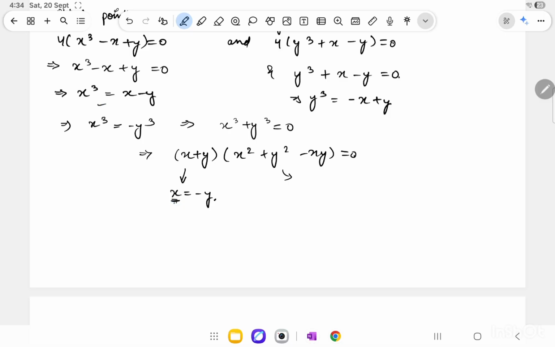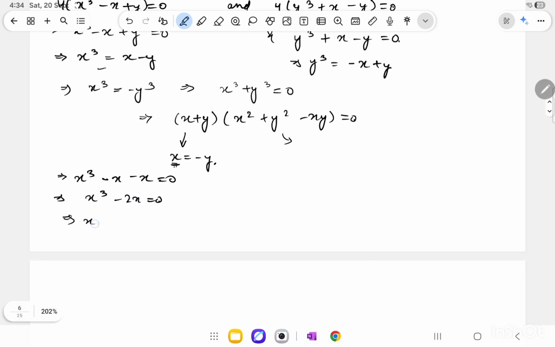If I substitute x = -y herein, I'll be getting x^3 - x + y, and y is negative of x, equals 0. That basically gives me x^3 - 2x = 0. Now I can take x as common, so that will give me x(x^2 - 2) = 0.